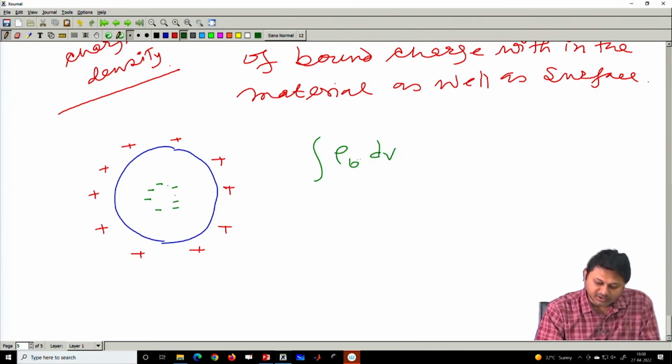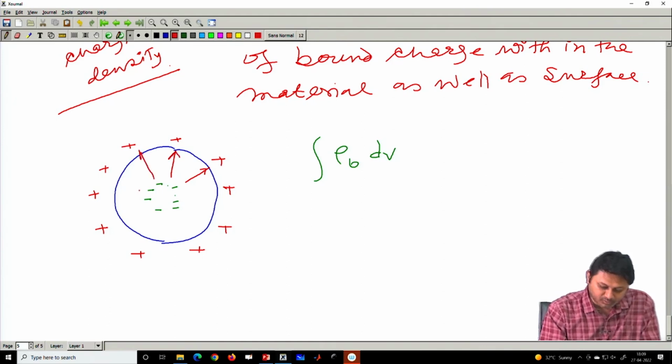This is because whatever the net charge in a given volume is equal and opposite to the amount of charge that is pushed out through the surface.